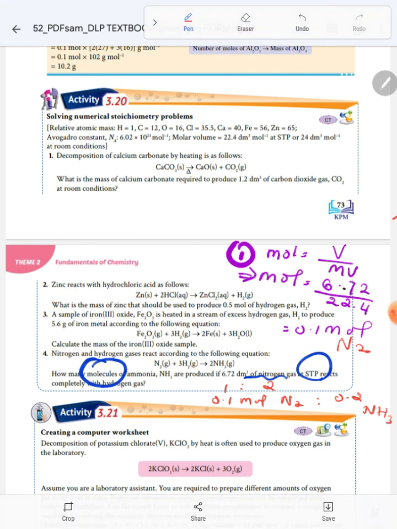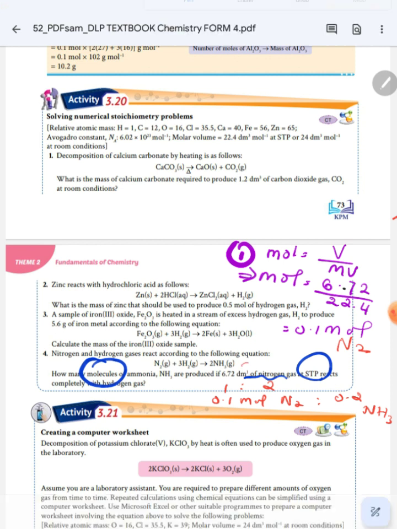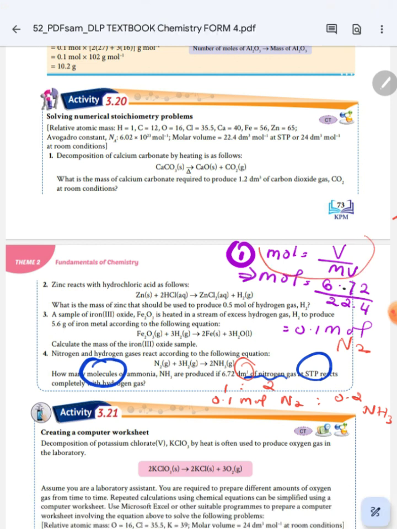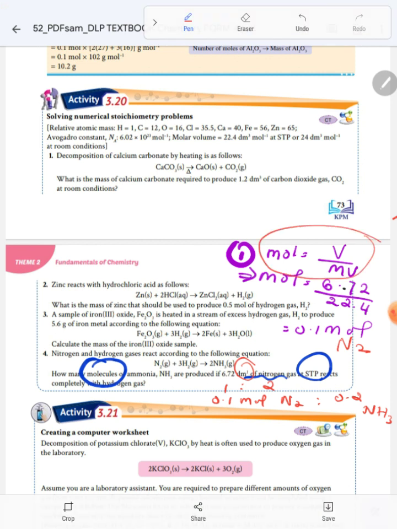I hope you are clear. I repeat. The first step is to calculate the number of mole of the given information. The given information is volume, so you need the relationship between volume and mole.